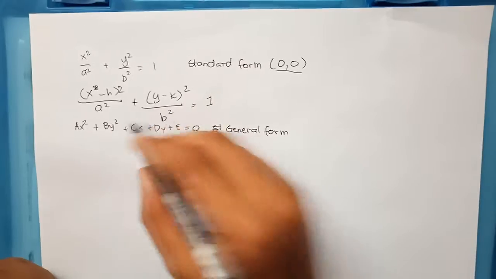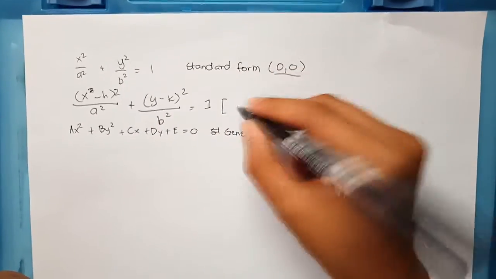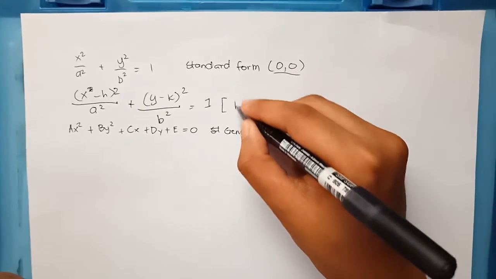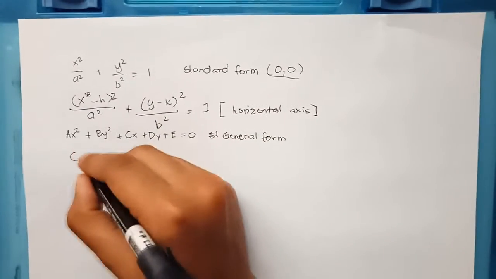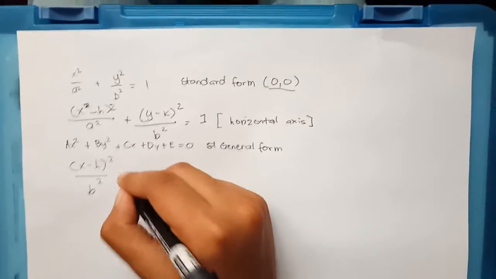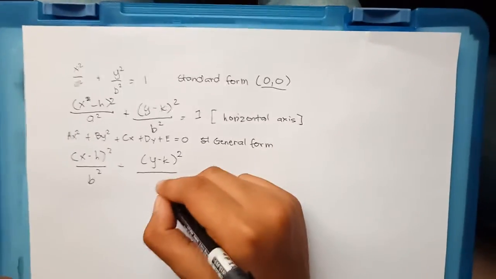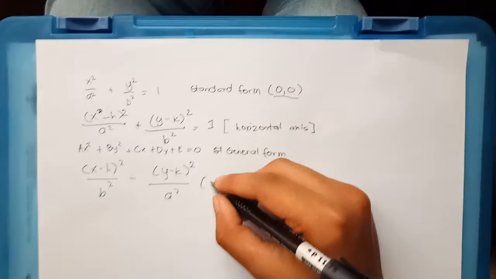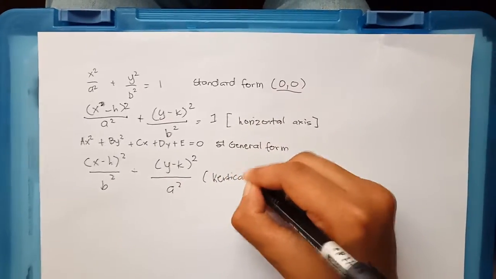If this is the equation, the ellipse falls under the horizontal axis. And if this is the equation, it lies under the vertical axis.